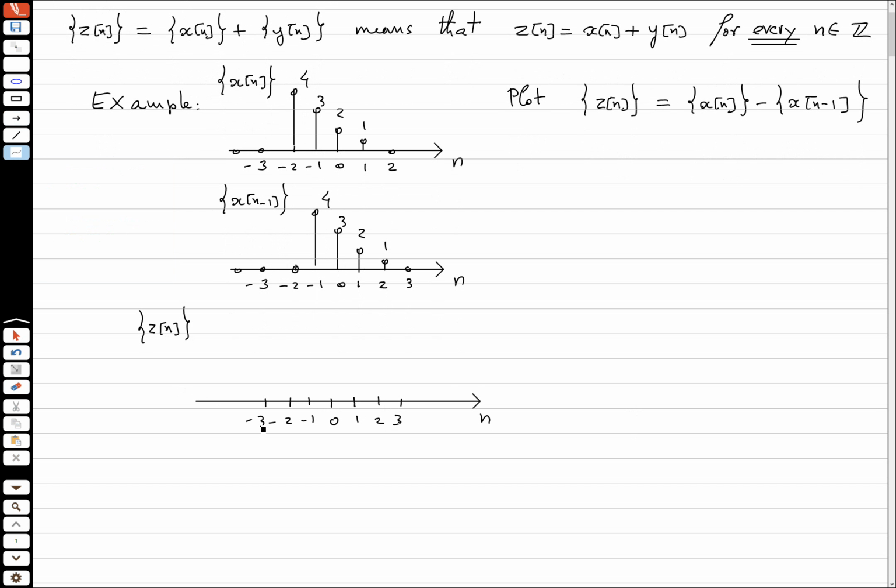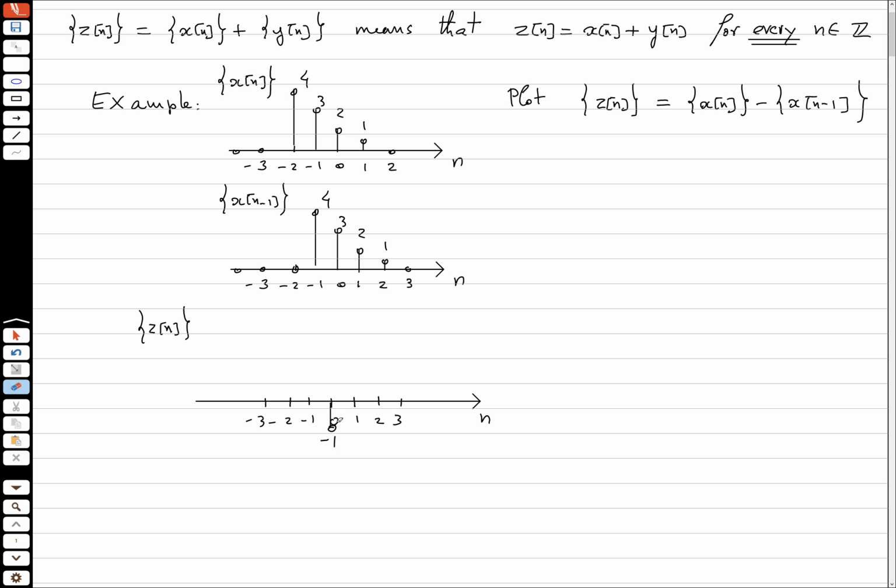So at 0, z of 0 is this minus this, right? So you get what? At 0, what do you get here? -1.